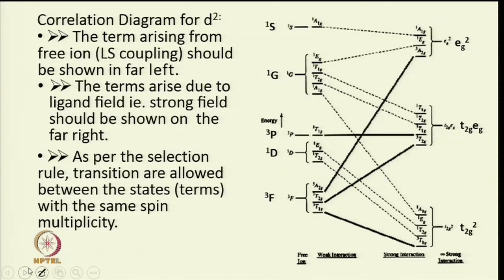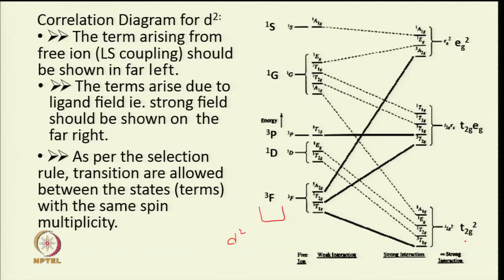Okay. So, first we will discuss the correlation diagram. This side is the terms for the free gaseous metal ion. This is for d2: 3F, 1D, 3P, 1G, 1S.